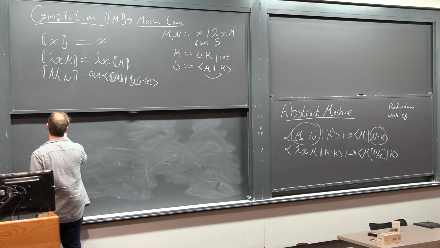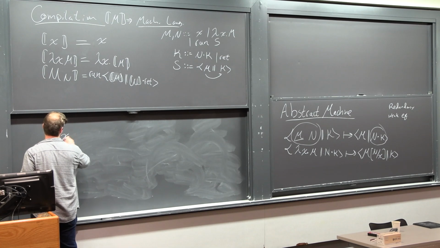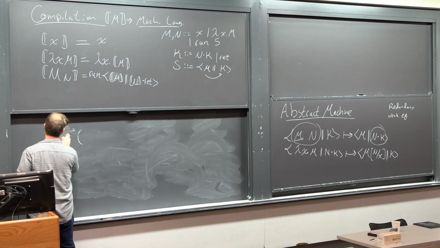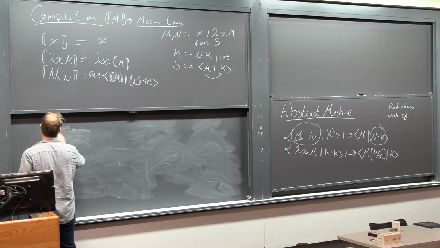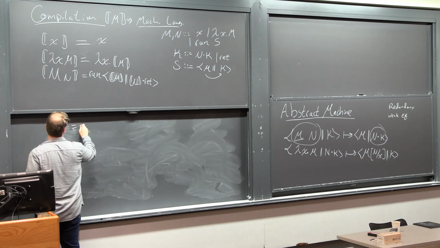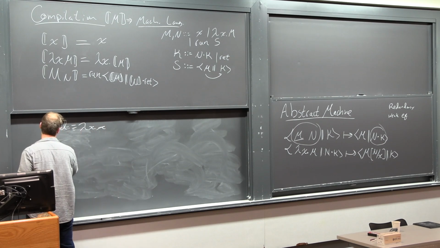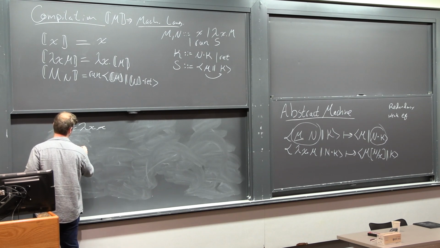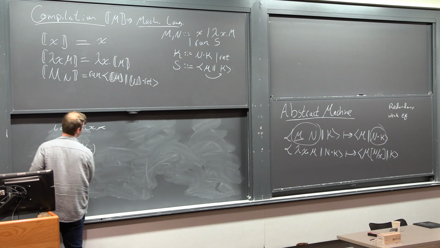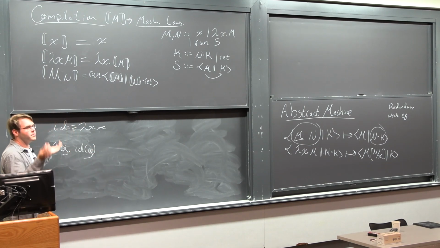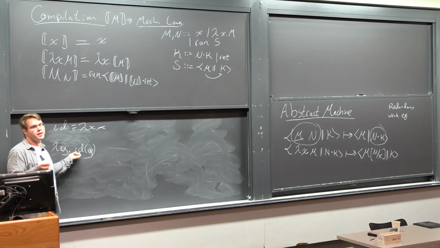So suppose I had lambda x. I'll write it this way as shorthand. My identity function is lambda x, x, right? And so now my example is going to be the function that takes one argument and then returns the identity function applied to that argument.